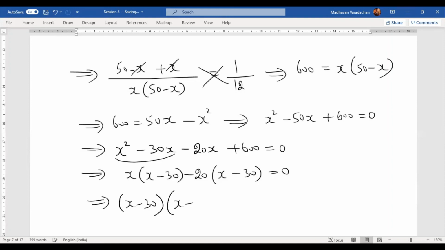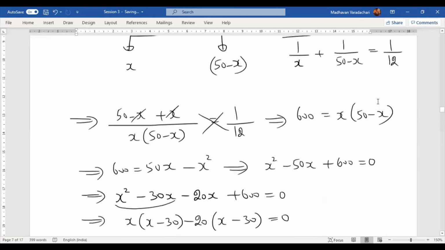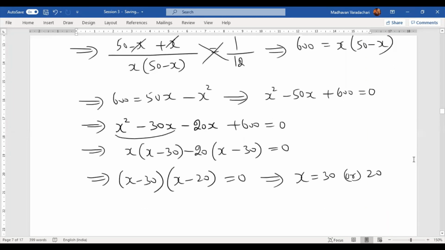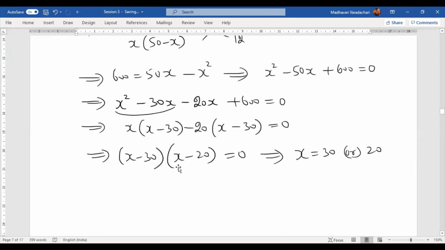That means you will have x minus 20 equal to 0, which means x is 30 or 20. Means one part is 30, means other part should be 20. So that's the solution for this problem.